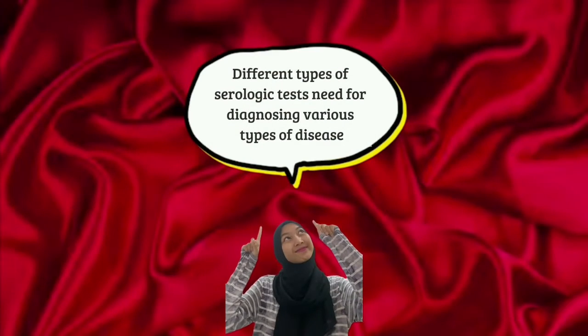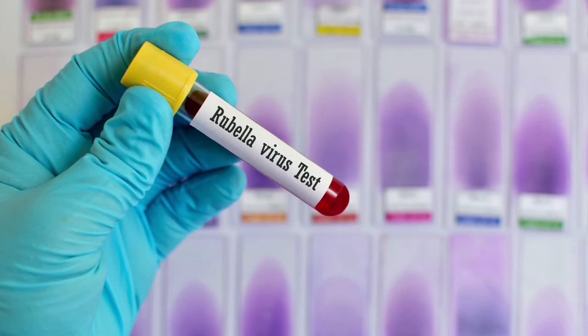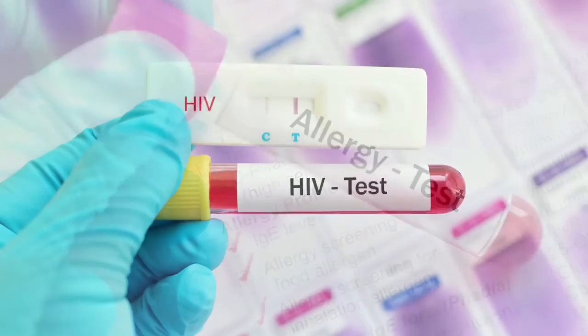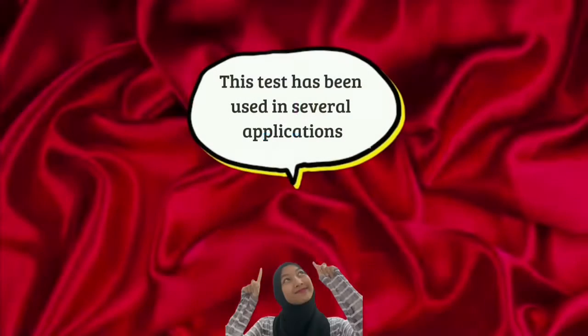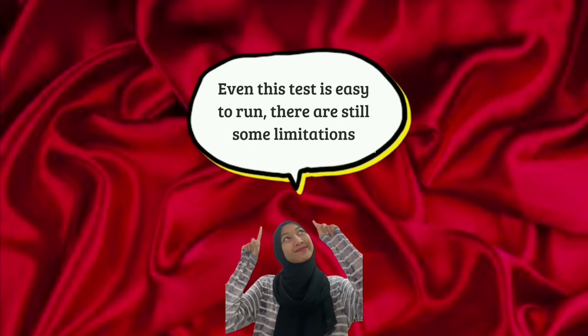Other than that, different types of serologic tests are needed for diagnosing various diseases such as syphilis, COVID-19, rubella, allergy, and HIV. Apart from that, this test has been used in several applications like Ashla has explained. Nevertheless, even though some serology tests are easy to run, there are still some limitations which Sarah Christina has explained.